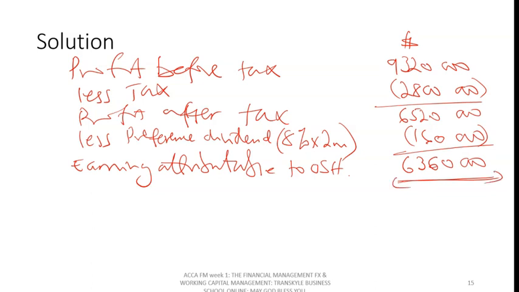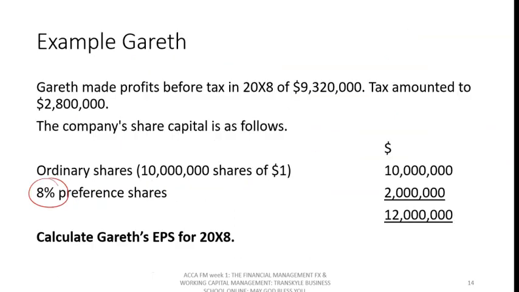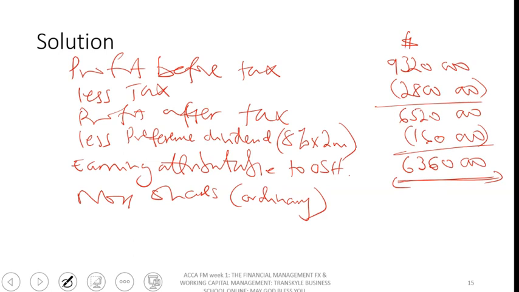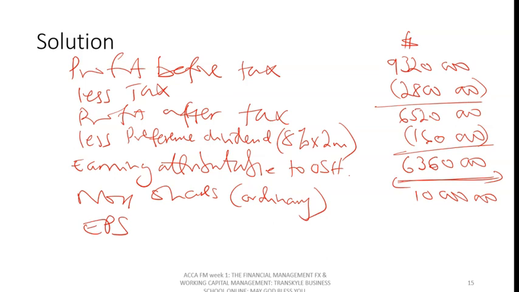Now, the number of shares, remember we are talking of ordinary shares we have in the company. According to the question, we have got only 10 million. There have been no issues during the year. So the earnings per share is the earnings attributable to shareholders over the weighted average number of shares.